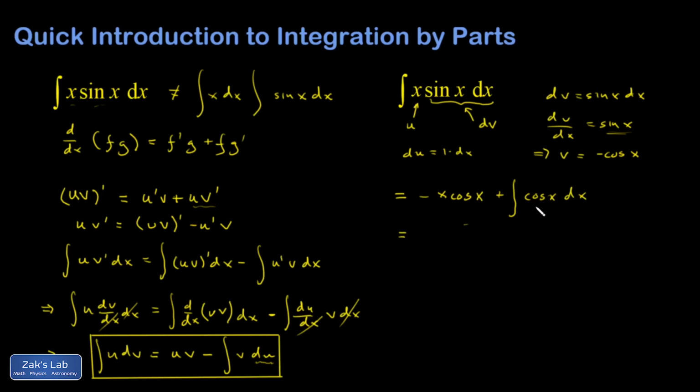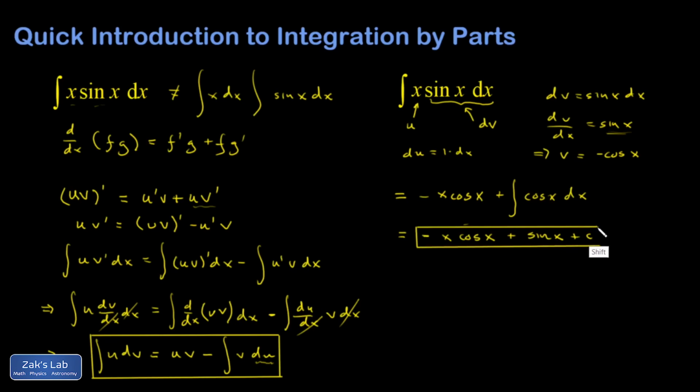And then I have hopefully a simpler integral to do because I've wisely chosen which one would be u, and I've found a u that would make things simpler. Okay, so I've solved my first product rule backwards kind of integral.